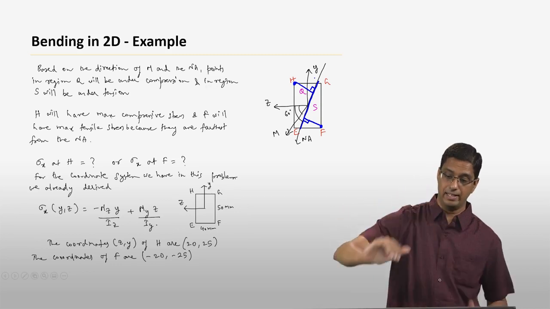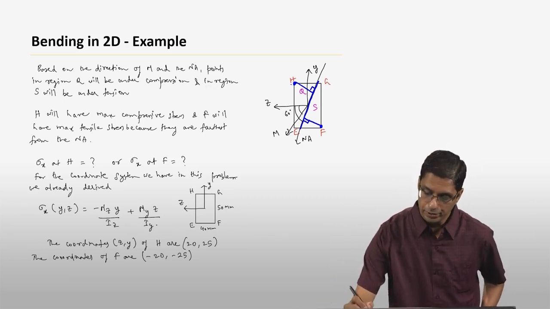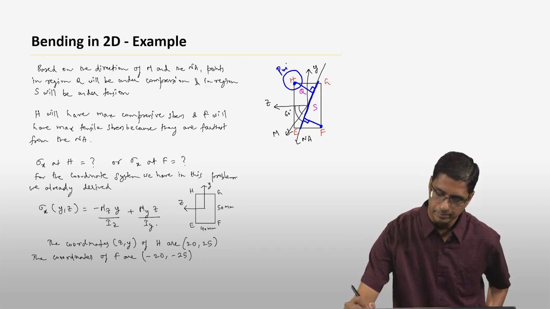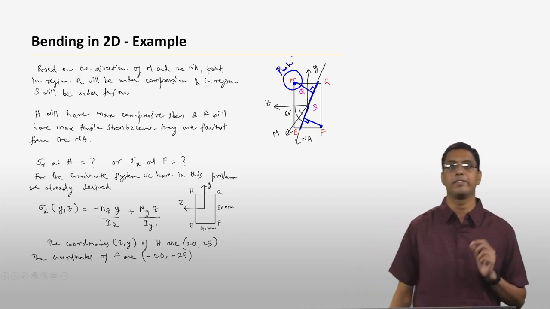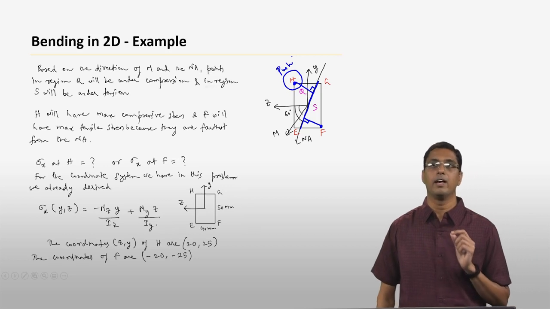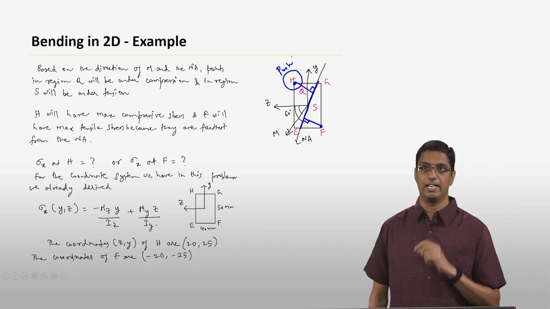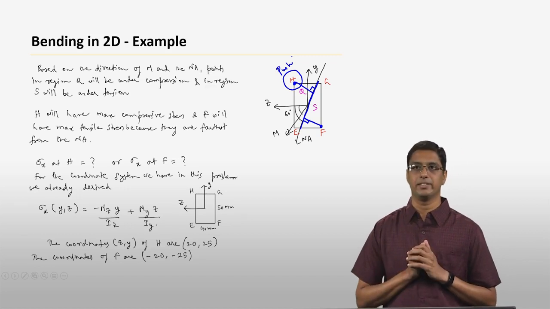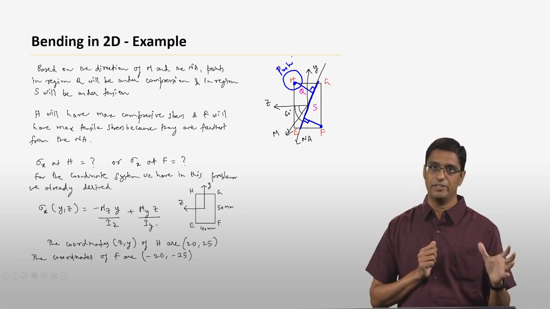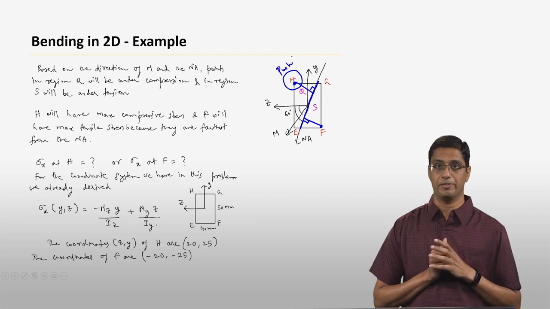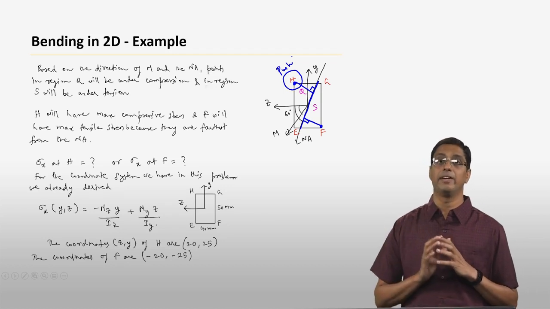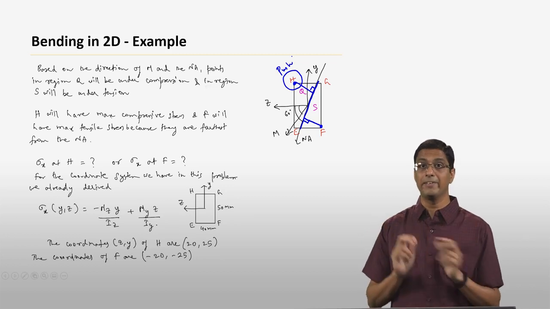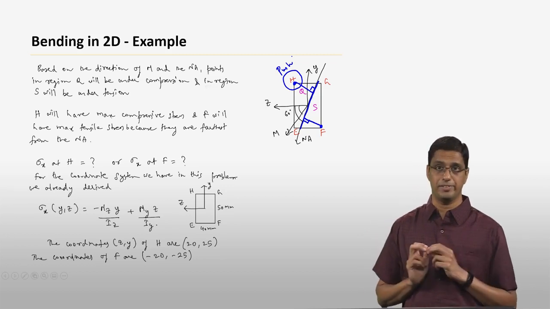When it curls in, they essentially will push this point H. Push means compressive. The opposite of that is going to be tensile. So if H is under compression, F has to be under tension. So H will have the maximum compressive stress and F will have the maximum tensile stress. They'll be equal in magnitude but opposite in sign.